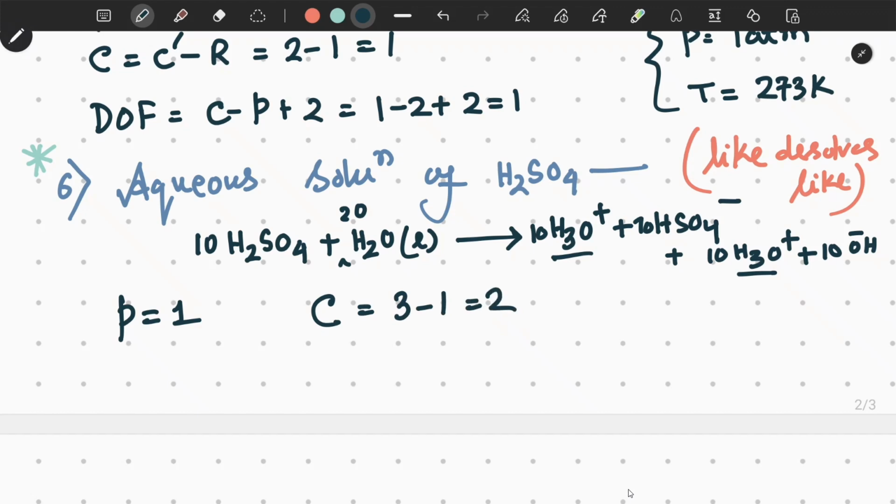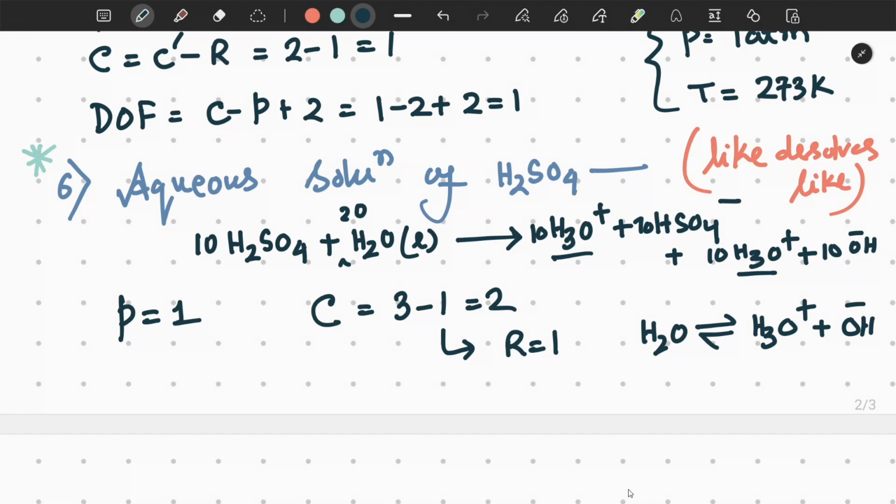Clear? Why is this restriction 1? Because you are considering this H2O reaction, this is not a one-way reaction. This is equilibrium. So you can look at a particular system from various points of view, but C and P will not change.